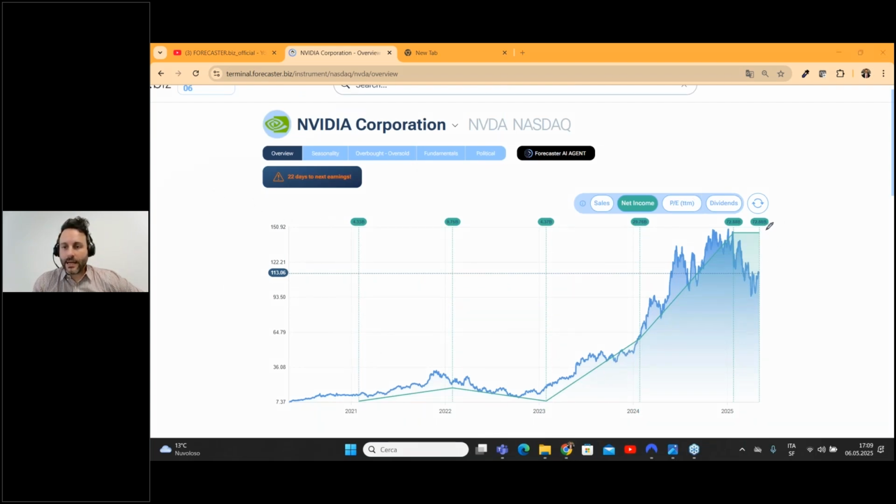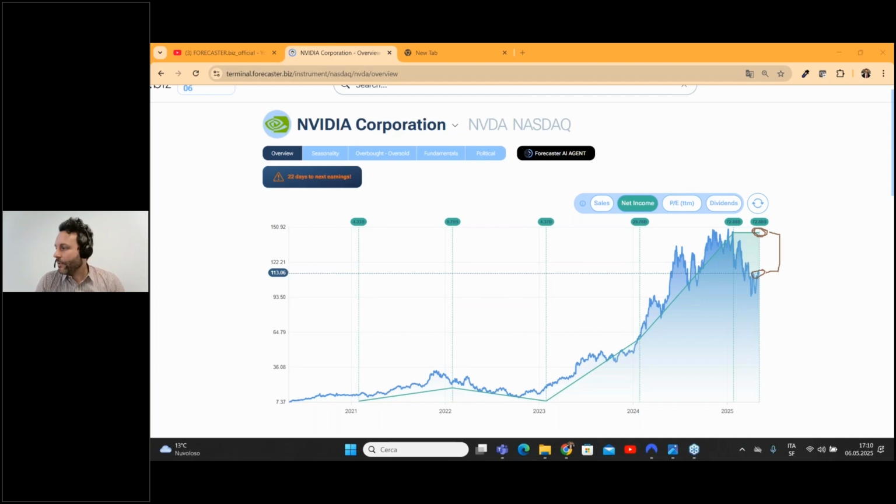What I mean is this: if you plot, as we always do, the net income on the chart directly on the prices, at the moment you can definitely say that we have an upside opportunity here. Okay. Because stock prices tend to be attracted somehow by the net income line.